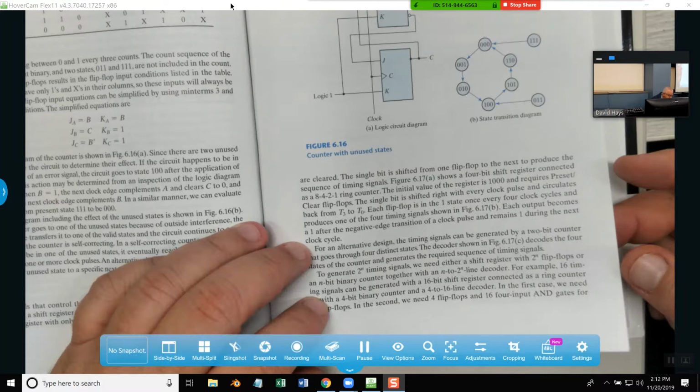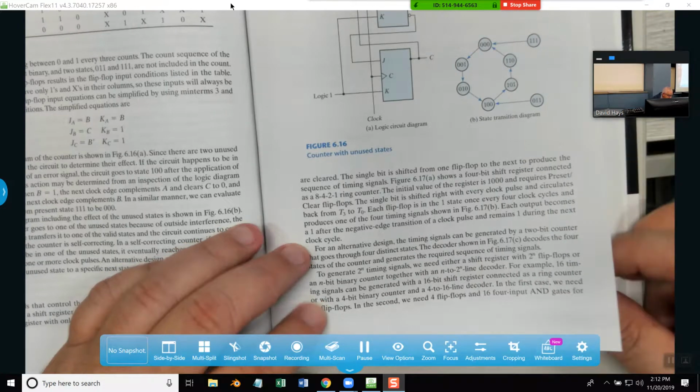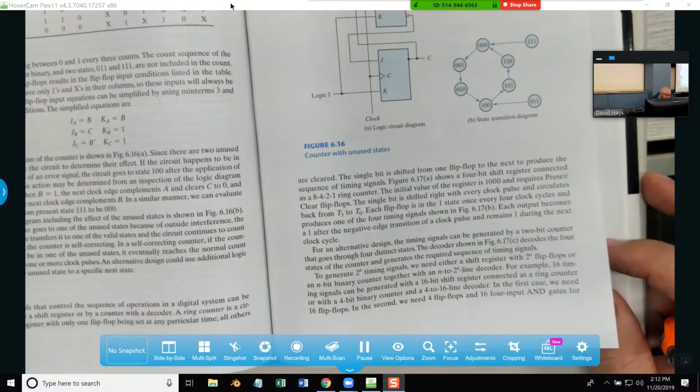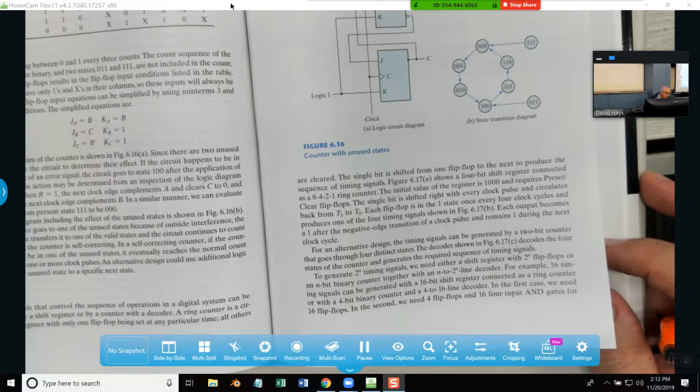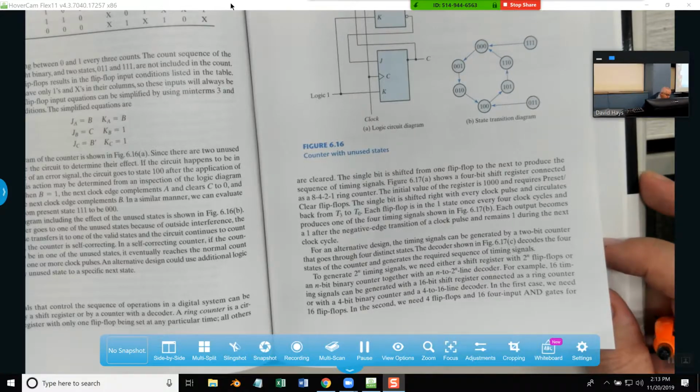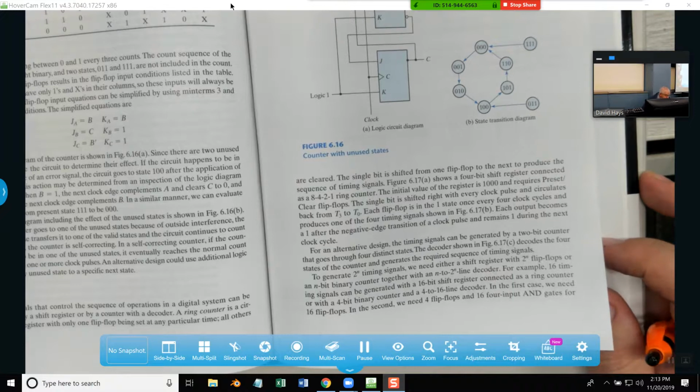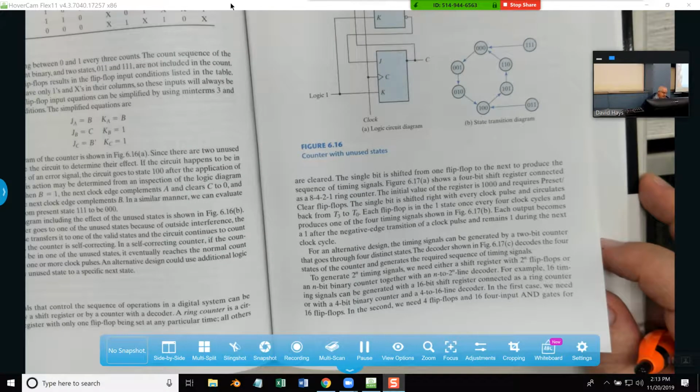For an alternative design, timing signals can be generated by a 2-bit counter that goes through 4 distinct states. The decoder shown in figure 6.17 decodes the 4 states the counter generates, producing the required sequence of timing signals. To generate 2 to the n timing signals, we need either a shift register of 2 to the n flip-flops or an n-bit binary counter together with a 2 to the n line decoder.